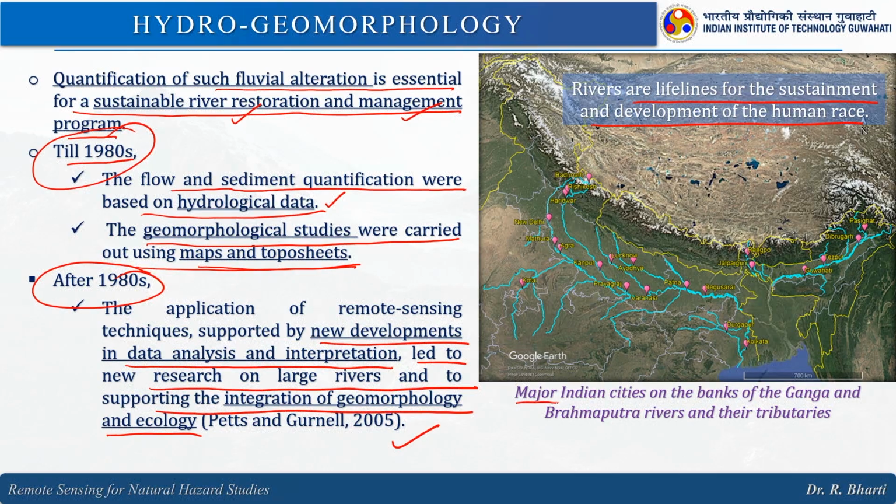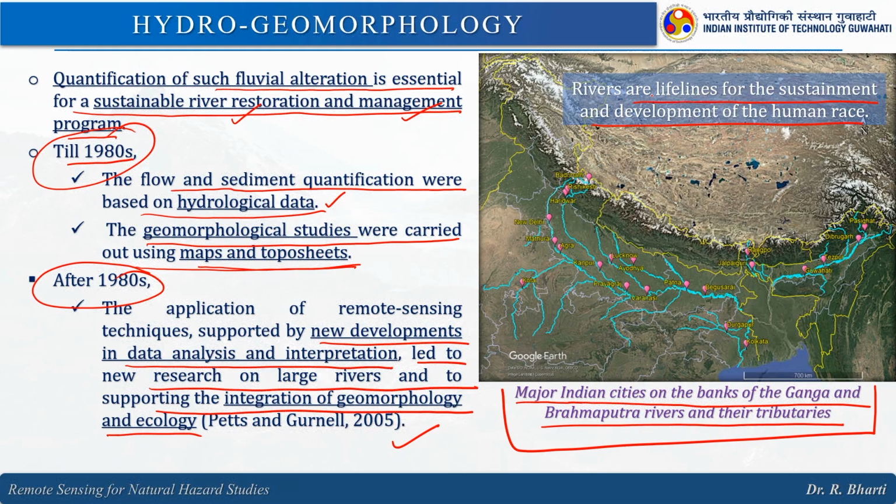This particular figure shows major Indian cities on the bank of the Ganga and Brahmaputra rivers and their tributaries. It shows that for our sustenance we need water, and we started our civilization along these river channels, right.